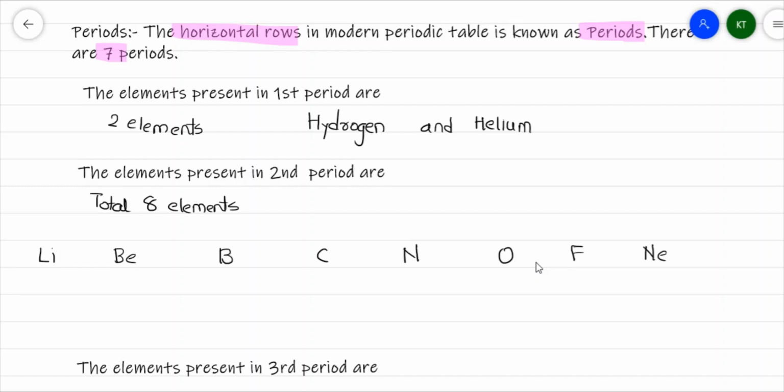Lithium has electronic configuration 2,1. Then 2,2, 2,3, 2,4, 2,5, 2,6, 2,7 and 2,8. This electronic configuration of these elements has been written for reference.